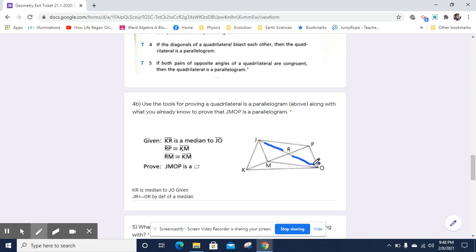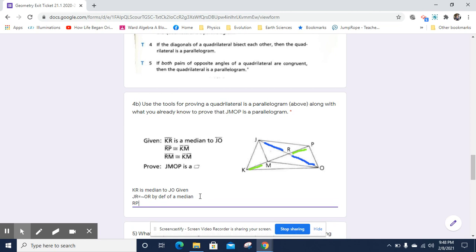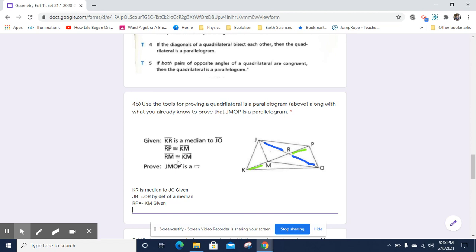Neat. So now we know that RP is congruent to KM. RP is congruent to KM, given. And then we're also told that RM is congruent to KM. That's also given.